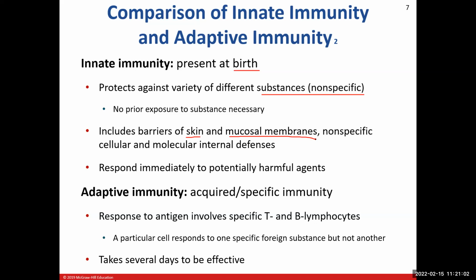So we'll see a non-specific response, and we'll talk about what happens internally within the skin and the mucosal membranes here. The nice thing about innate immunity is that the response is immediate.